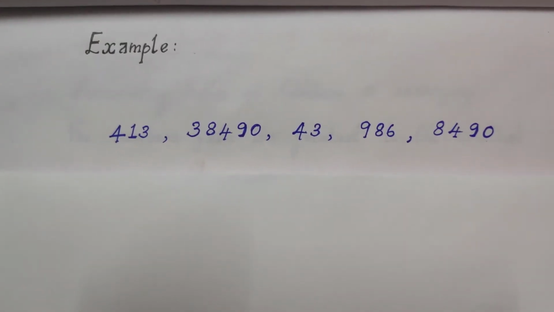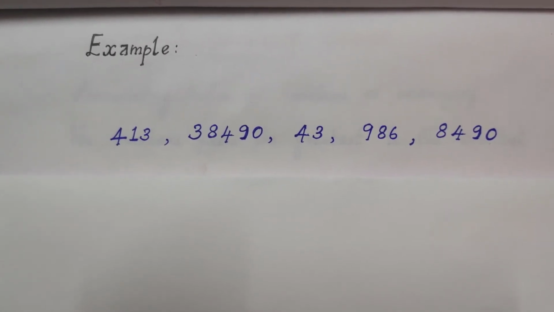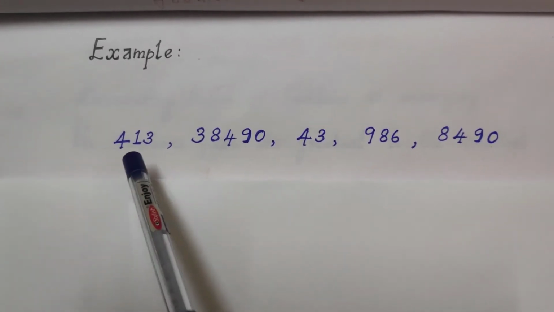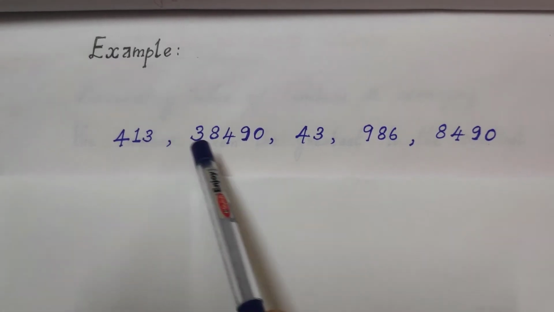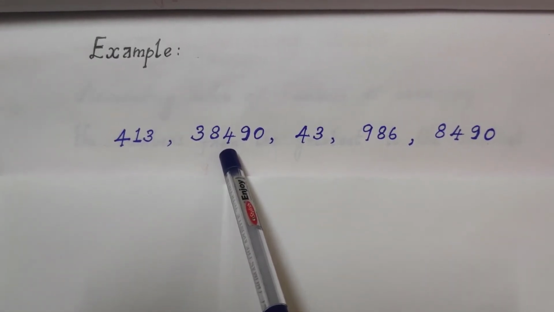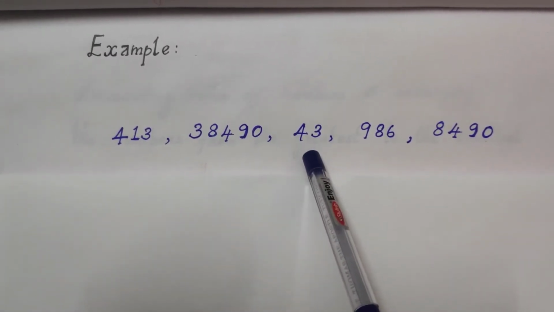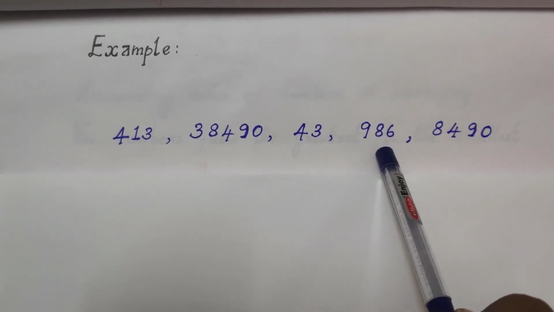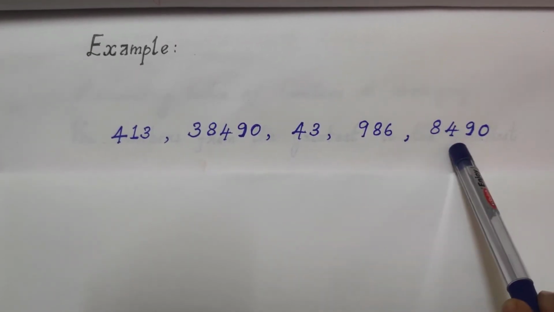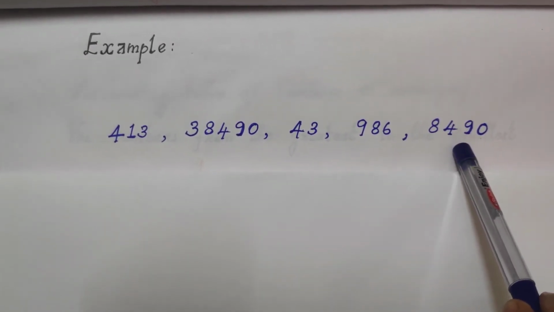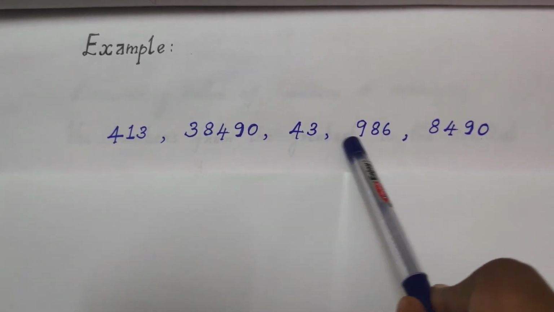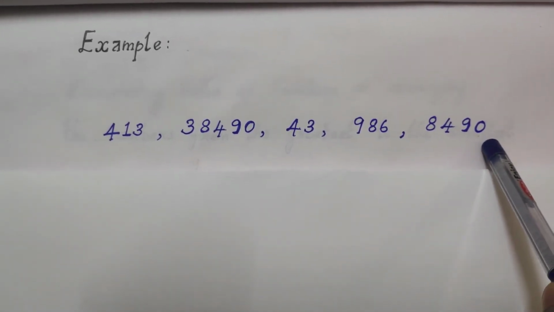Here is an example for you. The numbers given here are 413, 38,490, 43, 986, 8,490. We have to arrange these numbers in ascending order.